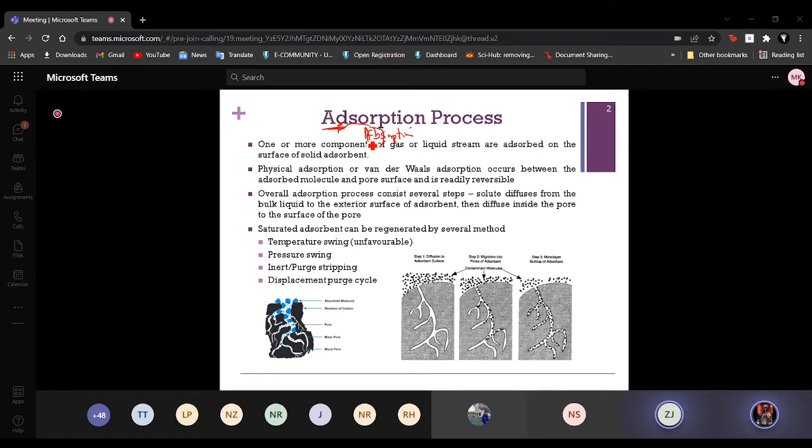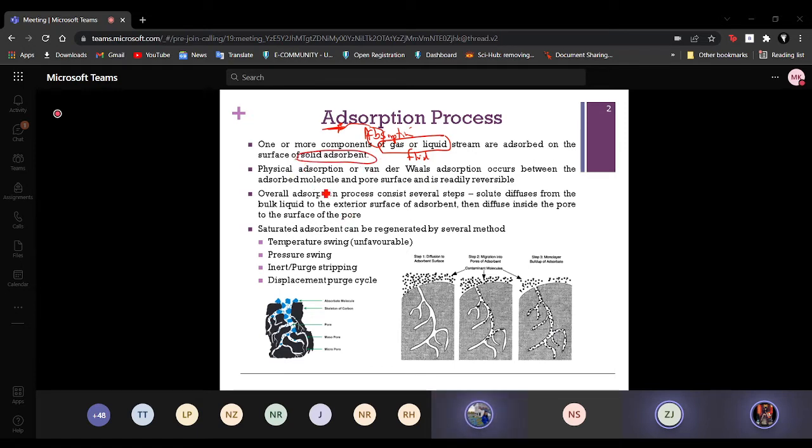Okay, so adsorption must involve a phase that we call fluid. The fluid could be gas or liquid. So you have fluid, gas or liquid, adsorbed on the surface of a solid adsorbent.